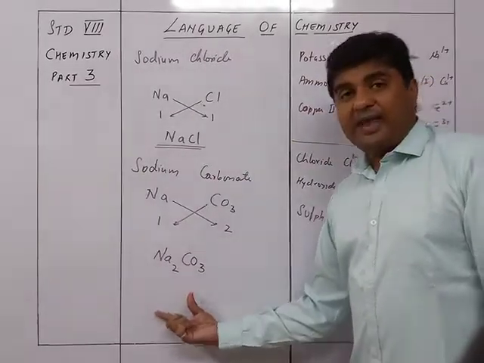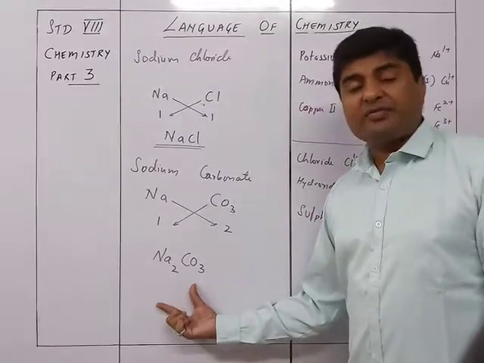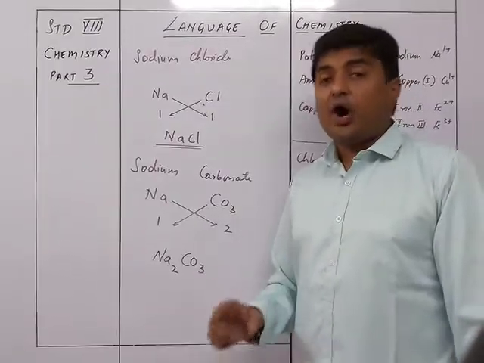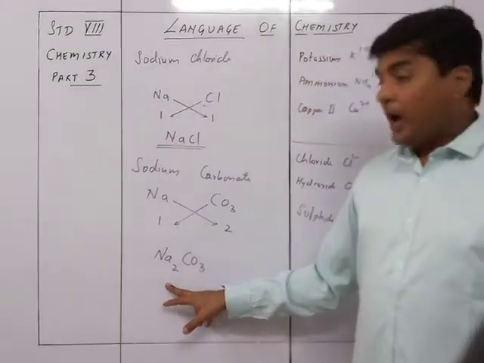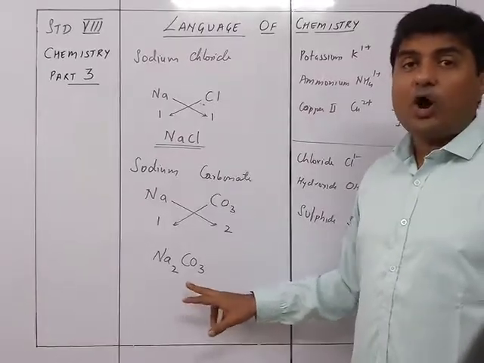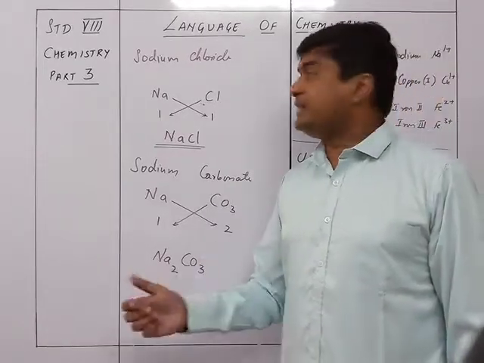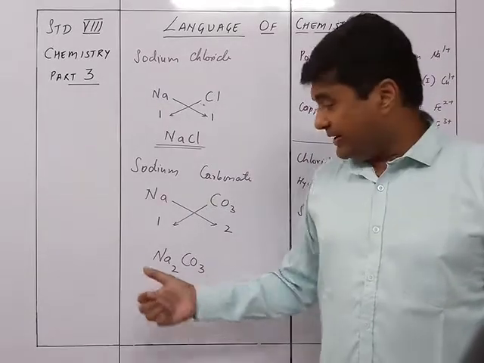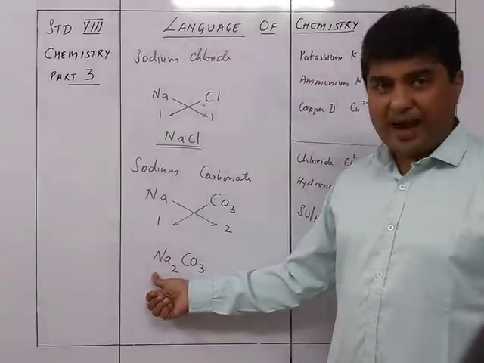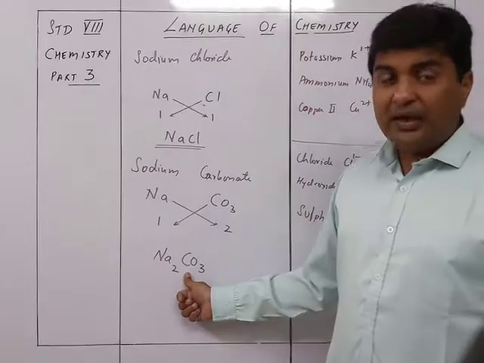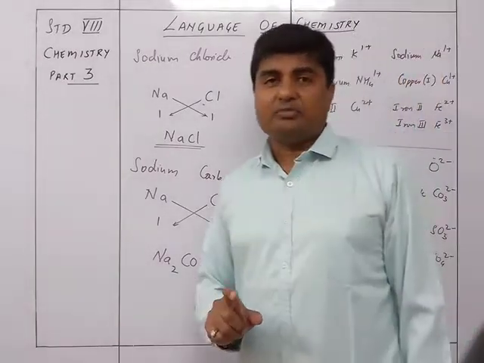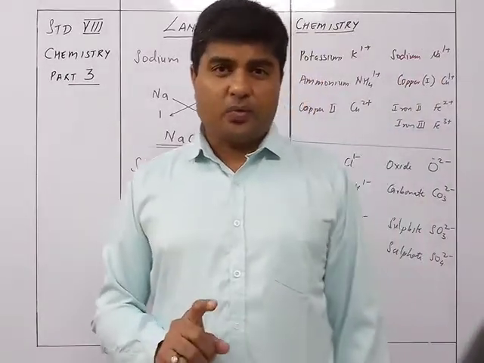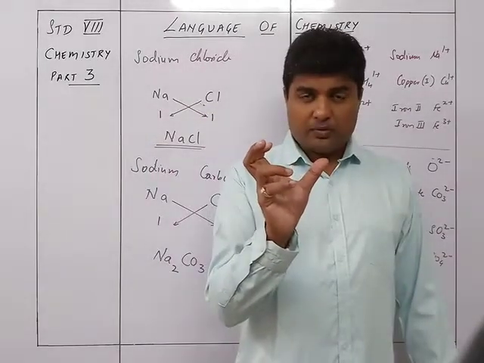The symbol of the compound tells me how many sodium atoms, how many carbon atoms and how many oxygen atoms are present in sodium carbonate. It will tell me that there are 2 sodium atoms, 1 carbon atom and 3 oxygen atoms present in sodium carbonate to form a compound.